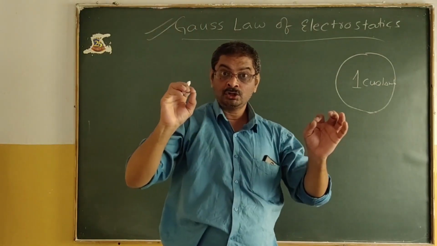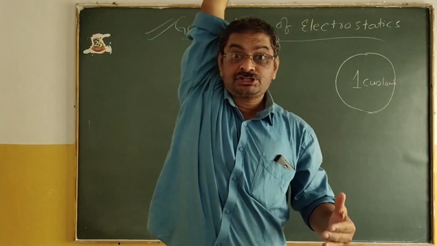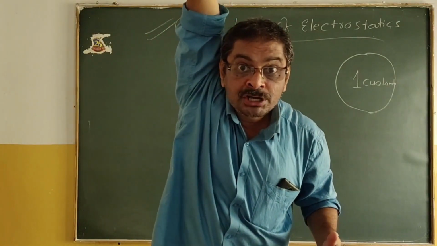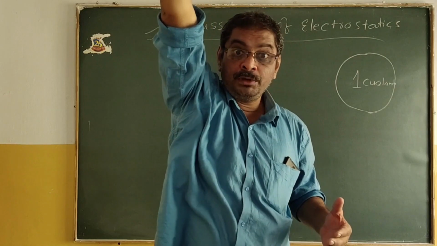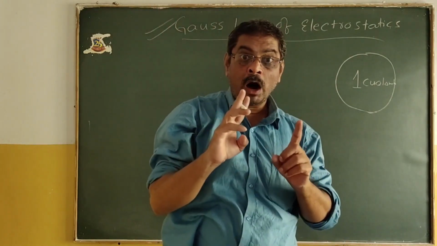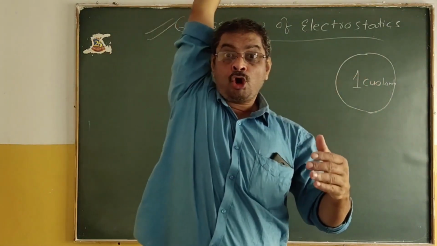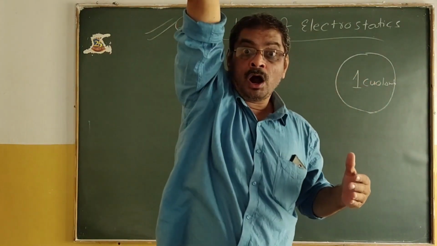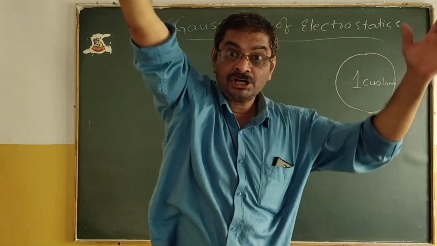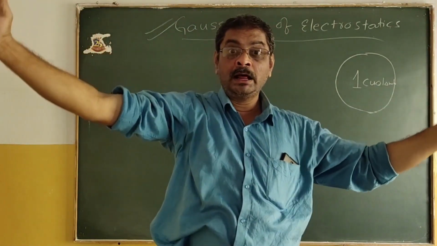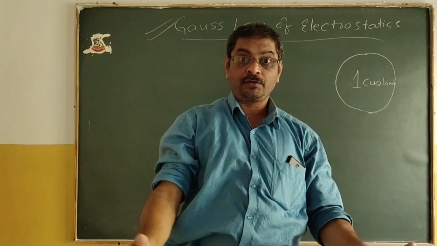Once again, let us say the Gaussian surface contains 1 coulomb of positive charge, or 1 coulomb positive charge is kept under the Gaussian surface.